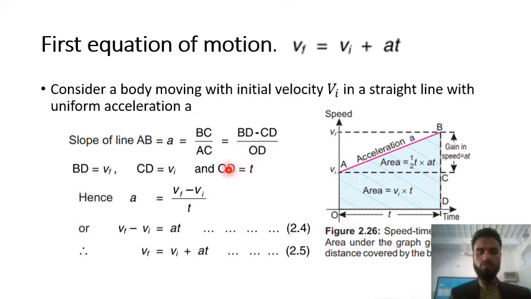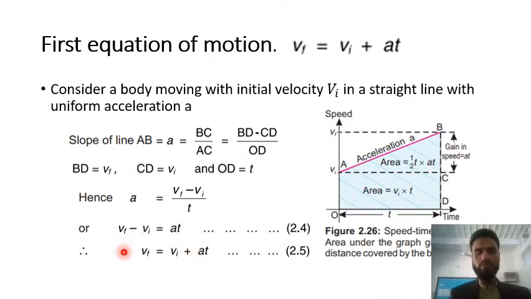OD is equal to T, so we can write T. Now just rearranging by cross multiplication, this time will be multiplied by A. So AT is equal to VF minus VI. Now we can rearrange this equation. VI can be shifted to the right, so it will be left with VF on one side, and VI and AT on the other.